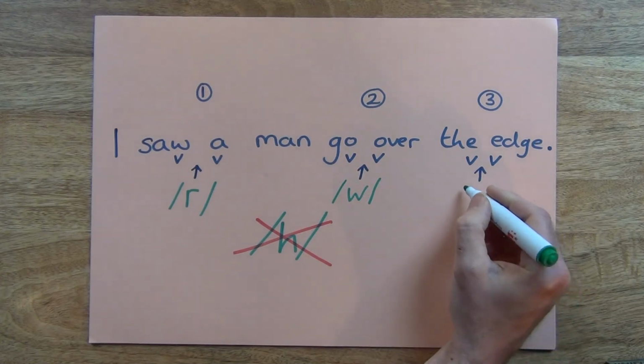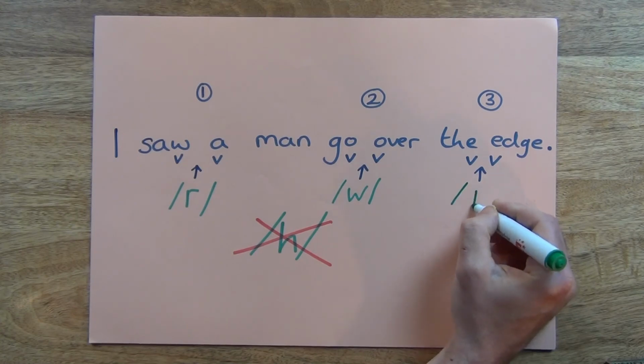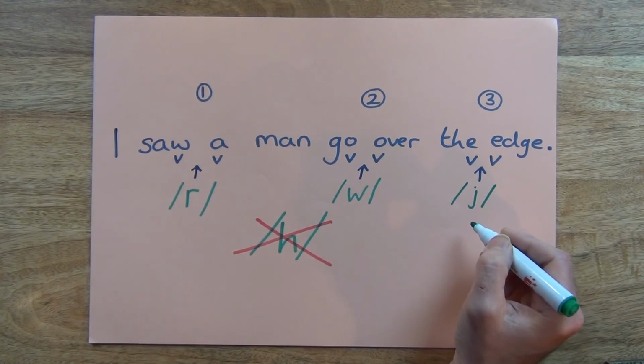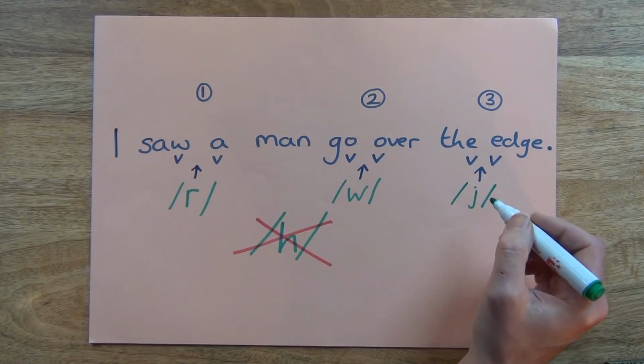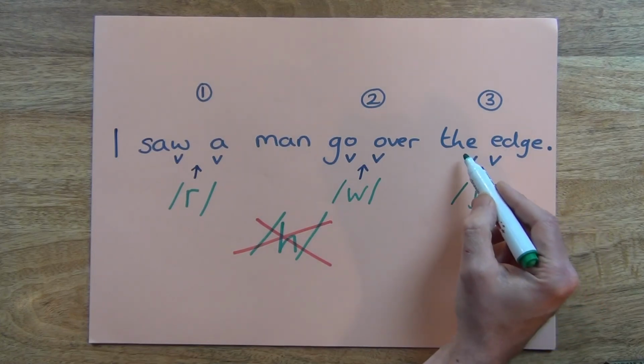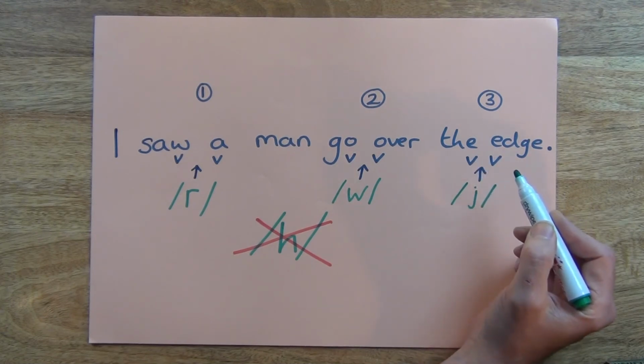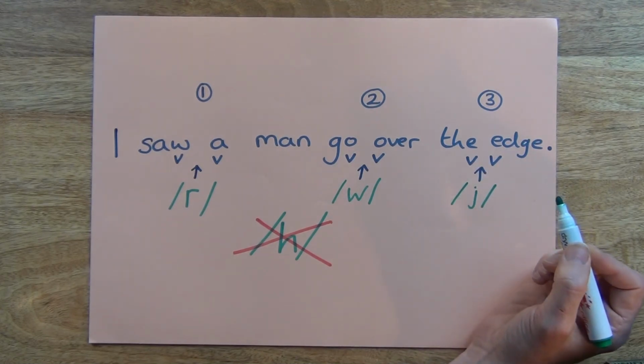Did you notice I added a tiny little y sound? Y is the sound that you hear at the beginning of words like you, yellow, and yes. And you'll hear it with nouns like the edge, the end, the internet.